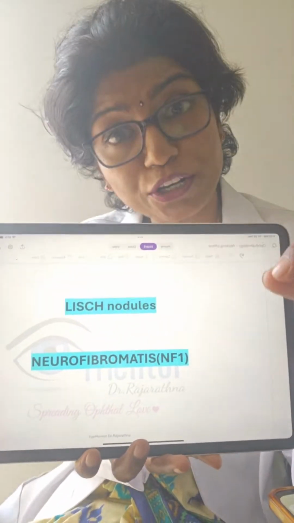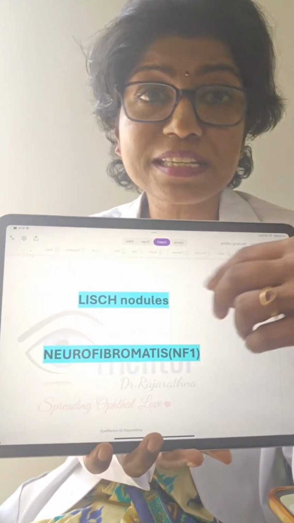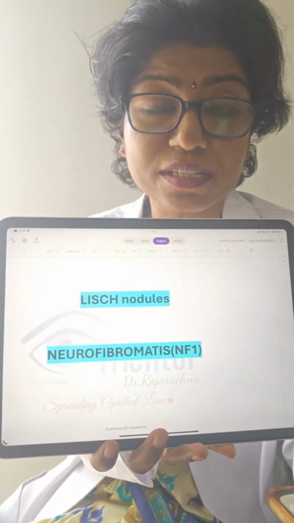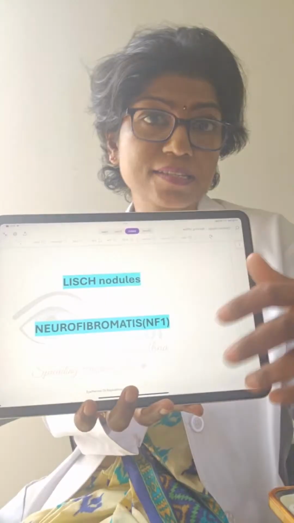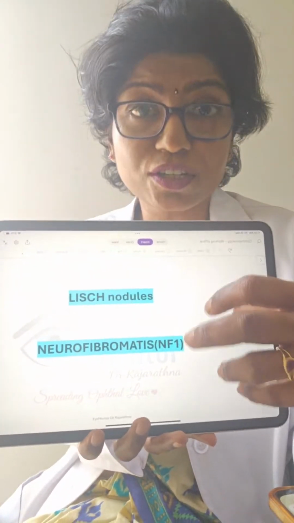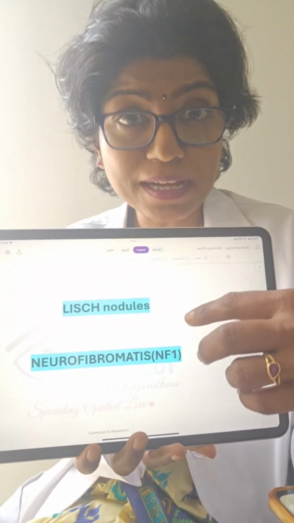These are non-inflammatory nodules seen on the iris. And these are actually iris hamartomas. Pathologically or histologically they are iris hamartomas found in NF1. In leprosy, what do you see? In leprosy we see iris pearls.